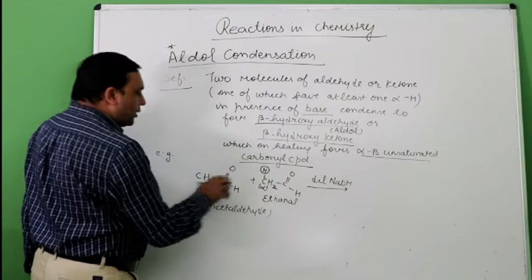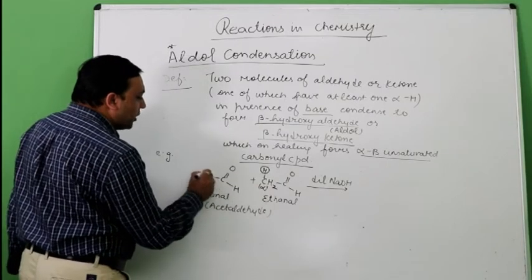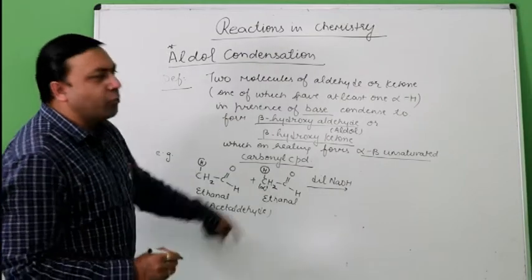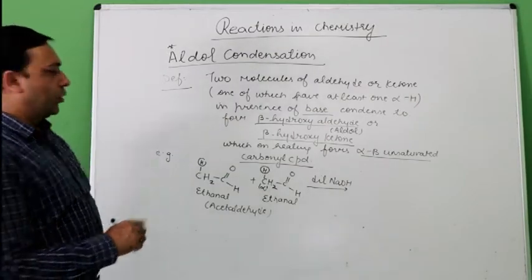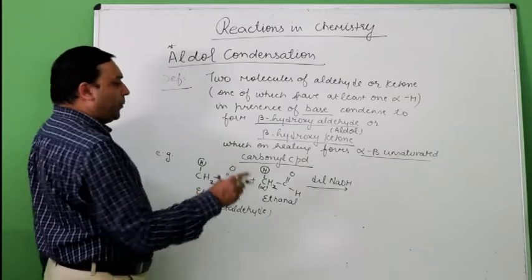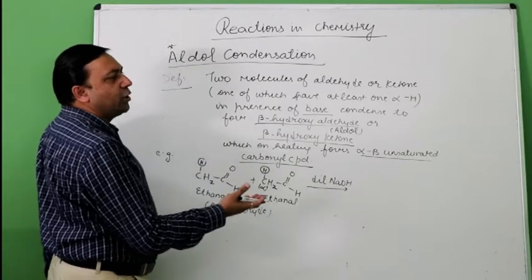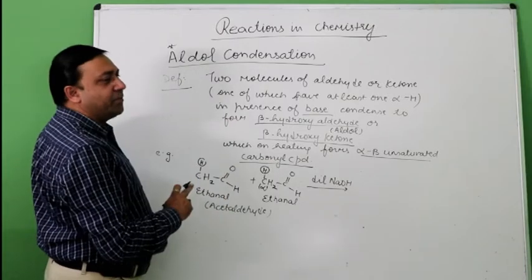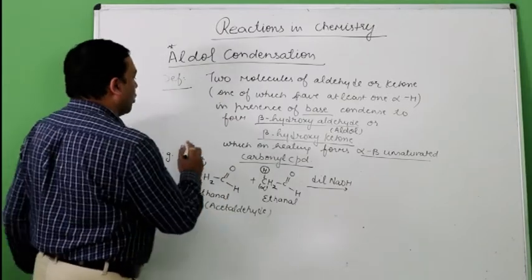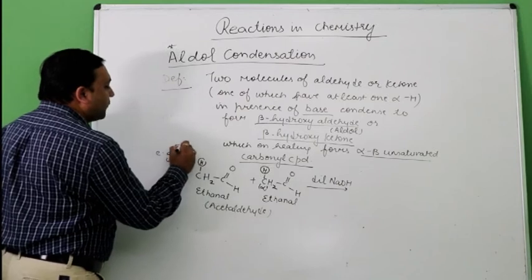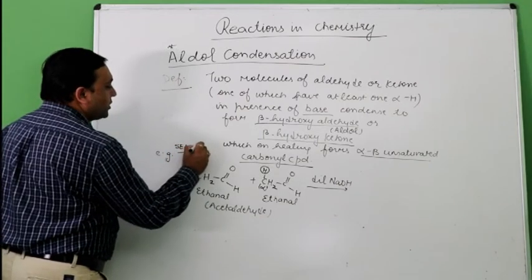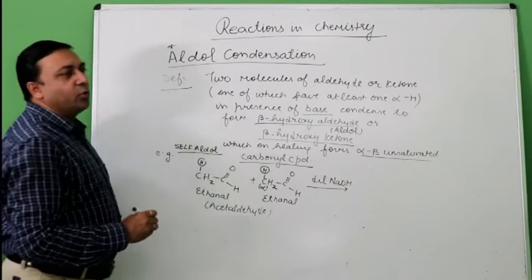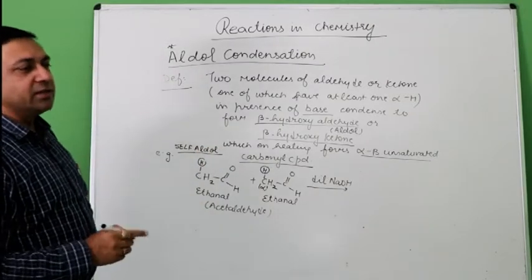The condition is that one of them must have an alpha hydrogen, but in this case both molecules have alpha hydrogen. When both the molecules are the same, this reaction is also called self-condensation. So this is self-Aldol condensation.